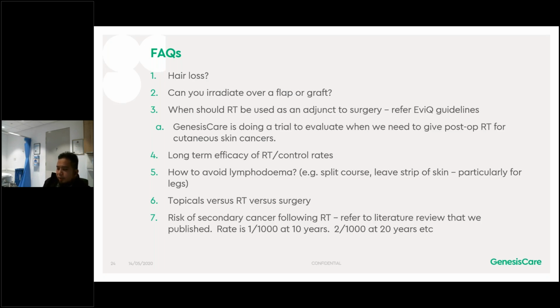And the last question that I have there, which came up during a meeting that I did last year in Bunbury, is about the risk of secondary cancer from radiation treatment. Obviously, there's literature out there already. The rate is about 0.1% at 10 years, so 1 in 1,000, and the rate at 20 years is about 0.2%.